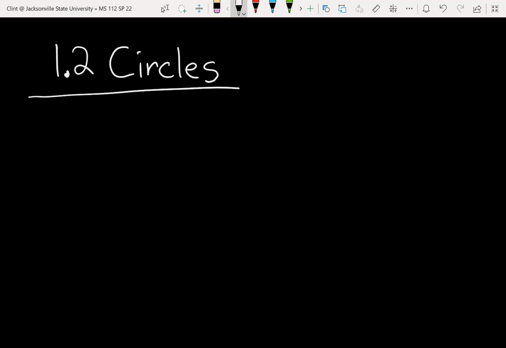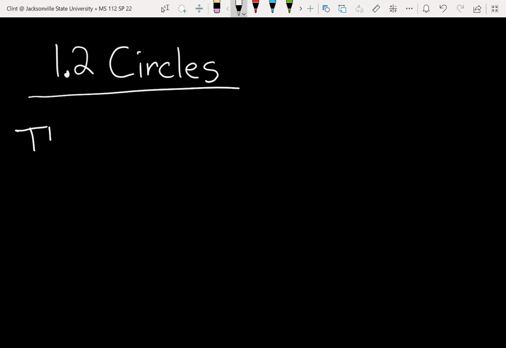Many of you will go on and take 113, trigonometry, so you can get a lot of your circle information there if you need it. We do touch on them here a little bit. The main thing we're focusing on is just the equation of a circle, what it looks like.